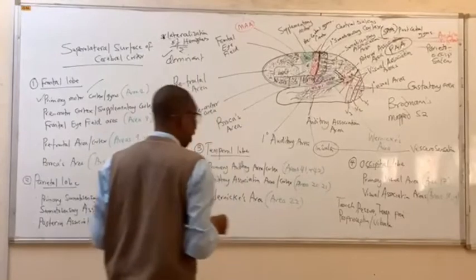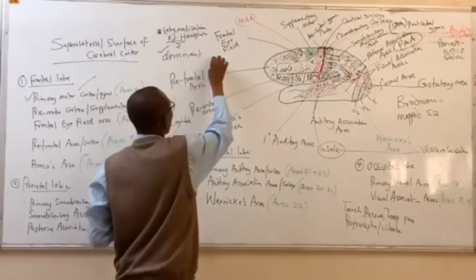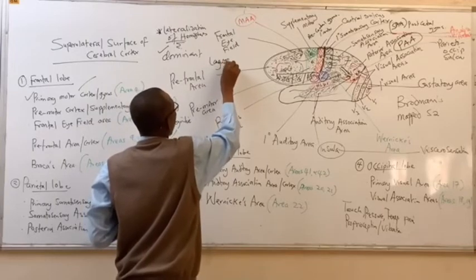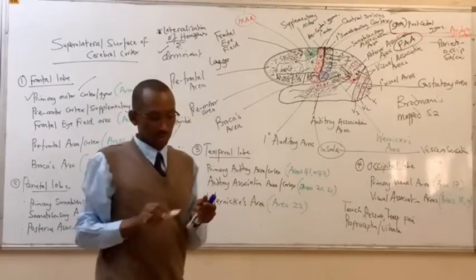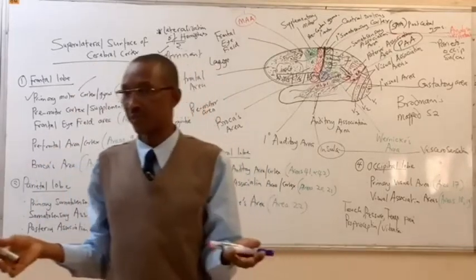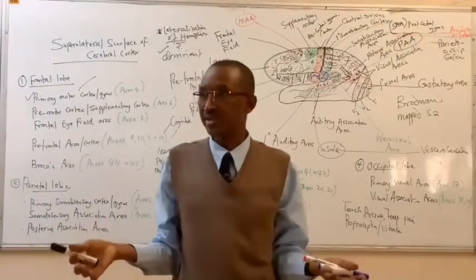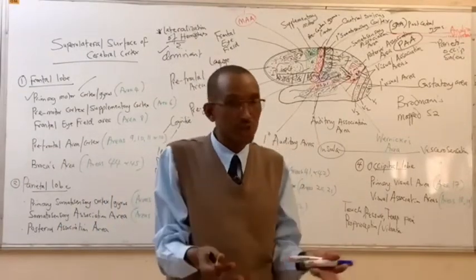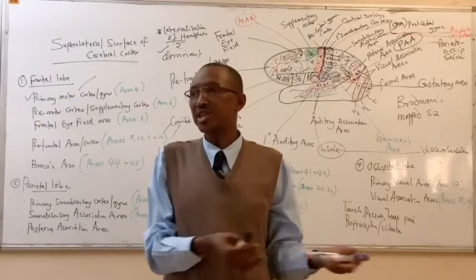When we talk about language comprehension, when we talk about language, we are talking about the means of communication between individuals. Like now I'm talking to you guys, and you are able to understand what I am teaching you. And so that is language.